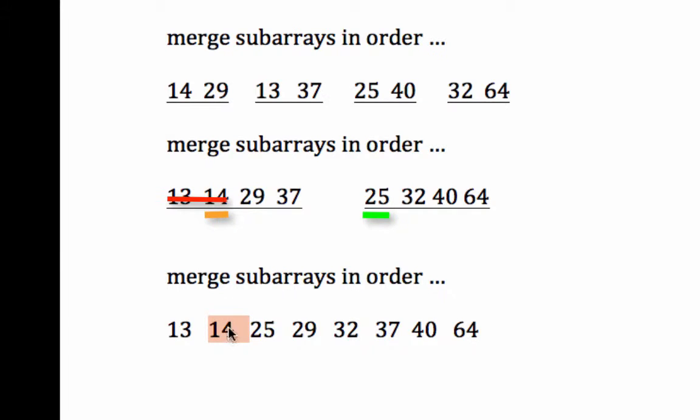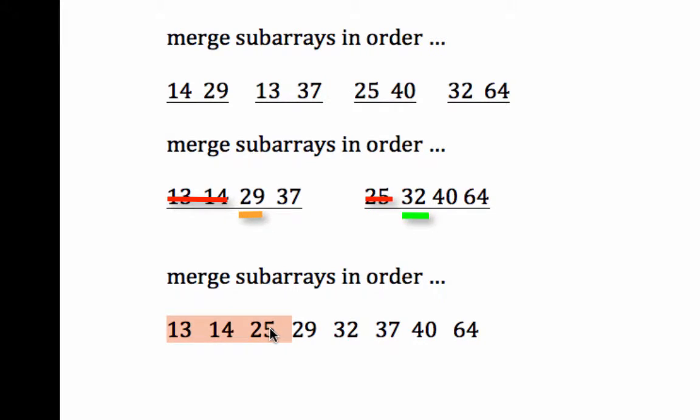The algorithm will continue now comparing the third element in this half with still the first element in this second half. And at this point, when it compares 29 with 25, it recognizes that 25 is smaller, and then it puts 25 in the correct position. The algorithm, again, is comparing 2 values at a time, one from each half, and then placing them in order in the final array. Let's continue a little bit more.